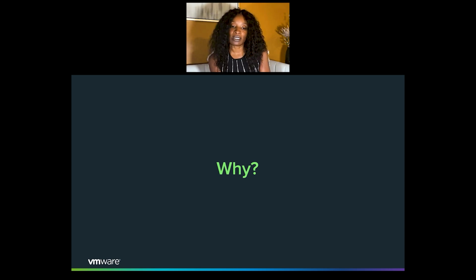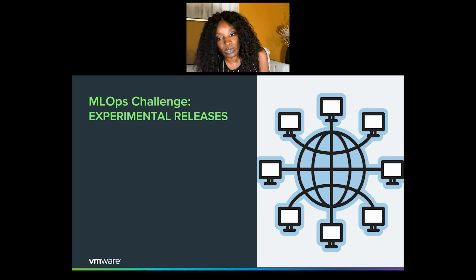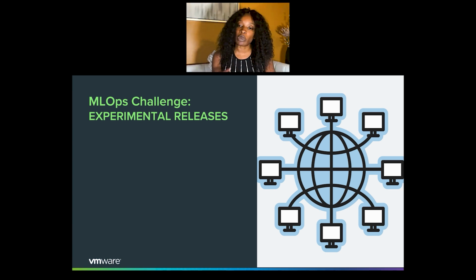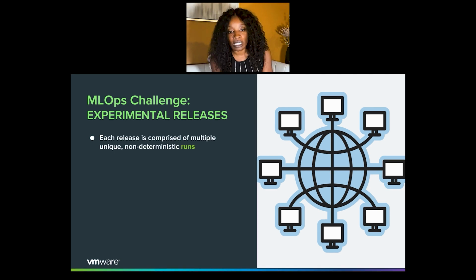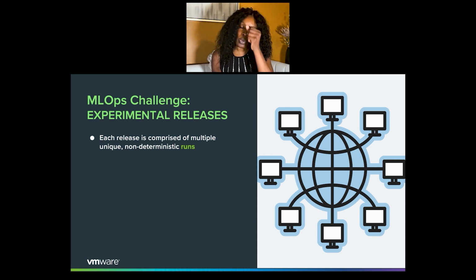Well, the fact is that ML-oriented workloads are more dynamic and they have more dimensions to them that need to be accounted for with your traditional DevOps processes. One of them being that they're experimental by design. Each ML release is comprised of multiple iterations of experiments or runs, and those are required in order to optimize your model.